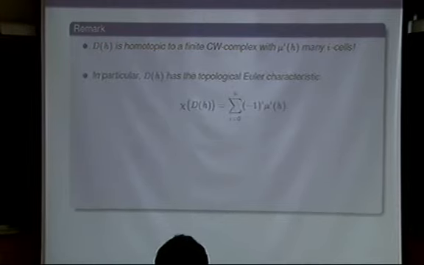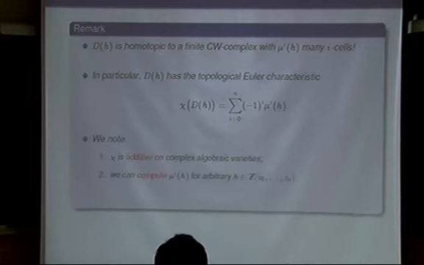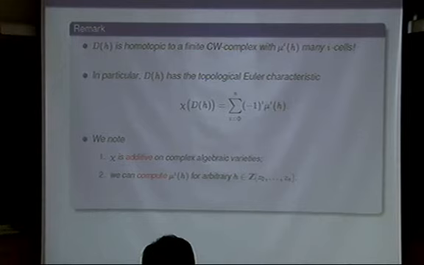And then, of course, our numbers mu_i(H) can calculate the topological Euler characteristic of the complement, and together with two facts. Number 1 is that the topological Euler characteristic is additive on complex algebraic varieties, which means that you can calculate it by the inclusion-exclusion principle, which is a very non-trivial statement, but still true.